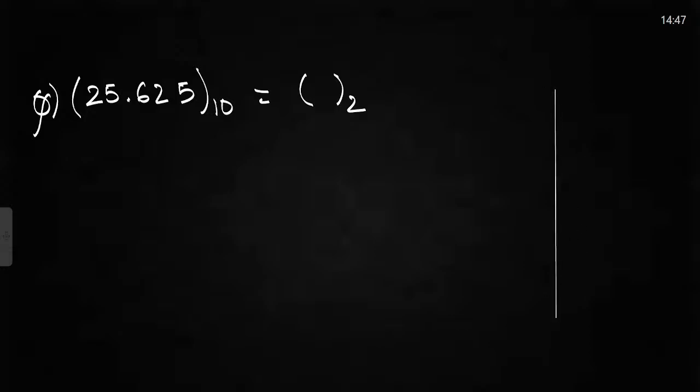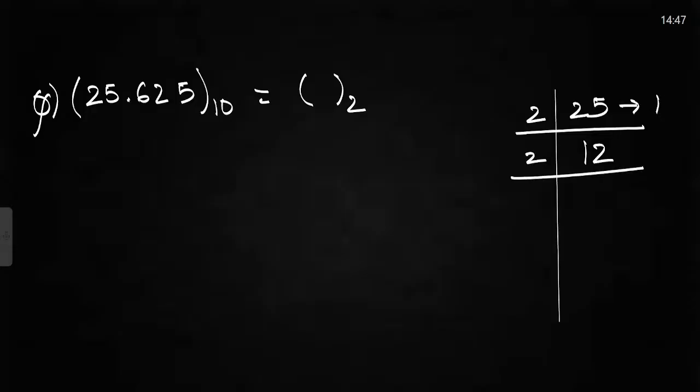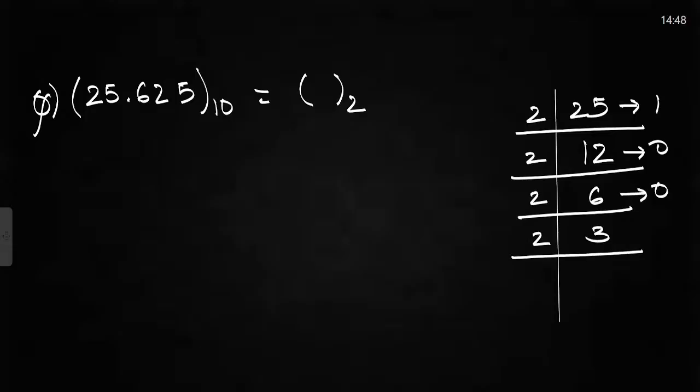So here I will take 25. 2 twelves are 24, remainder is 1. 2 sixes are 12, remainder is 0. 2 threes are 6, remainder 0. 2 ones are 2, that gives me remainder 1.